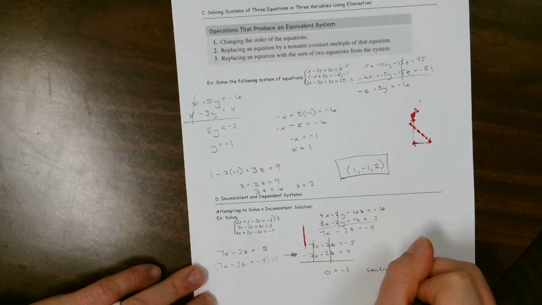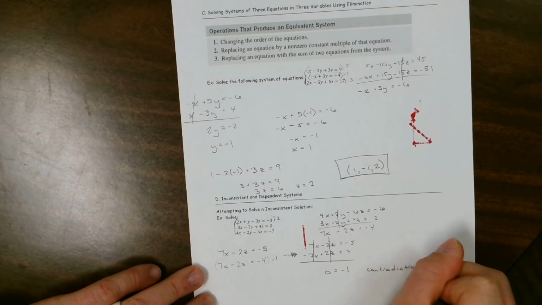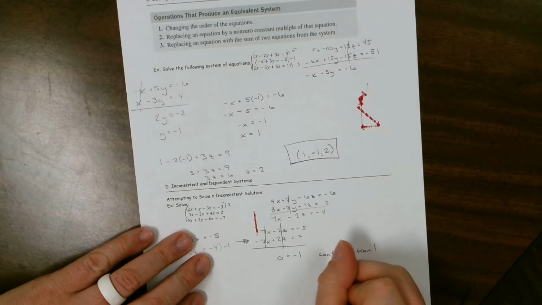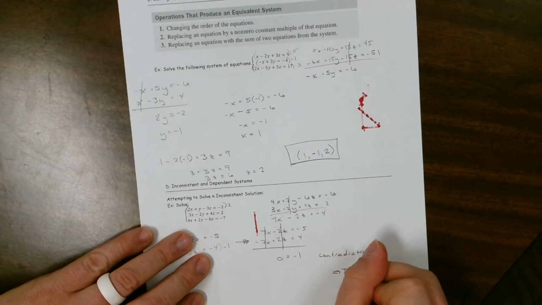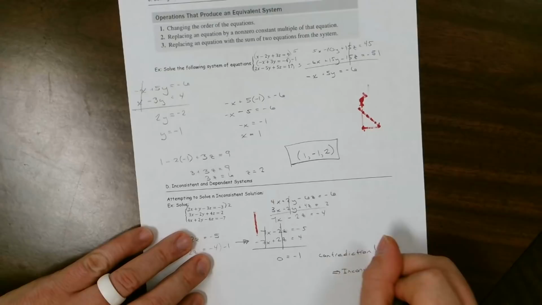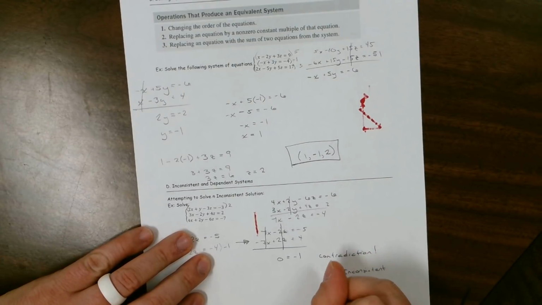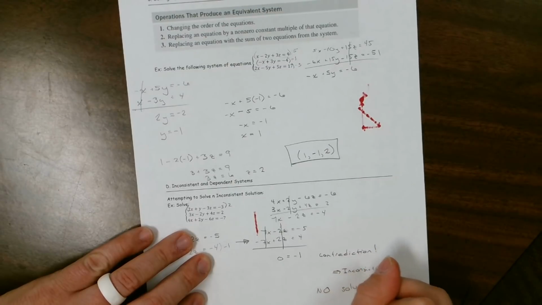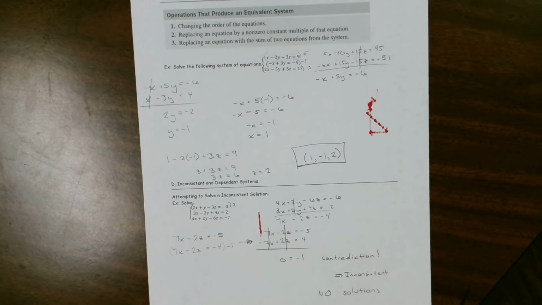That is never going to be a true statement. 0 is never going to be equal to negative 1. We have a contradiction, therefore an inconsistent system and no solutions. There's 0 solutions.